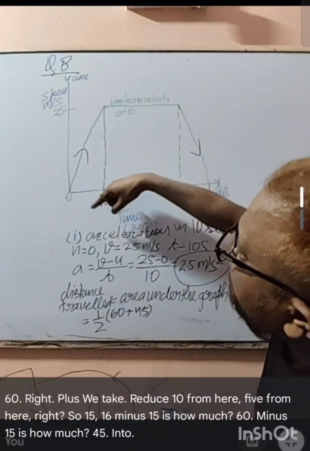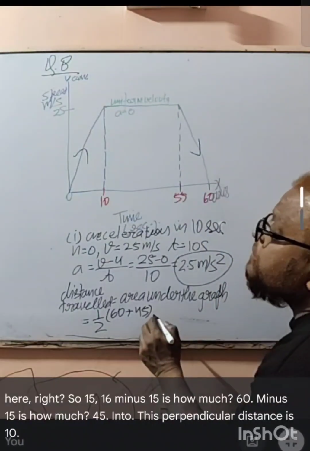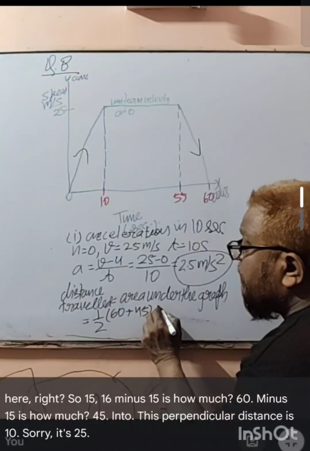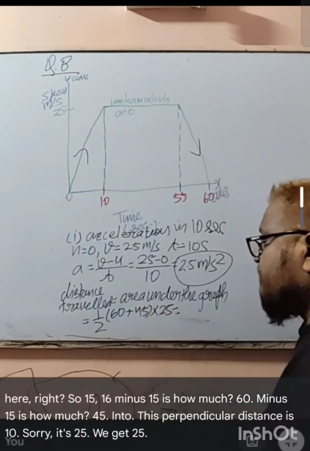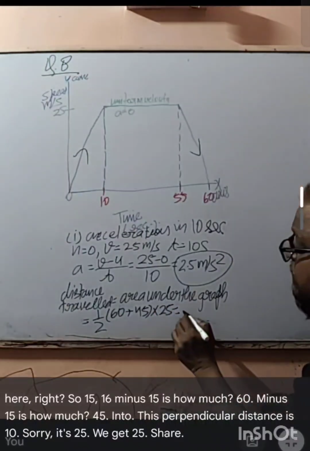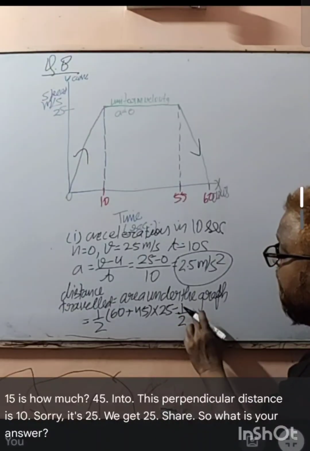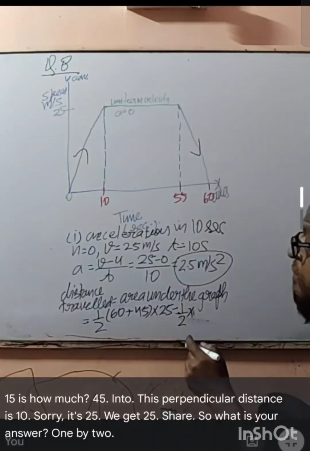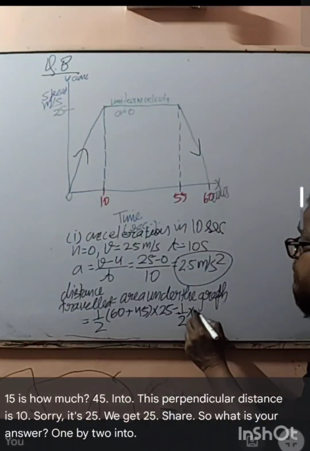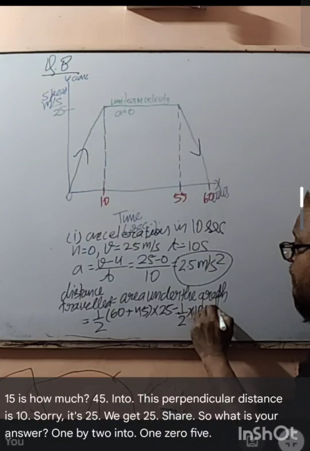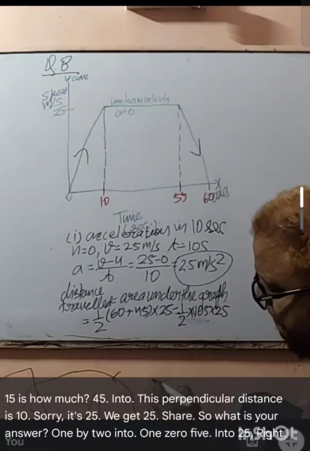Into this perpendicular distance, sorry, it's 25. Shreya, so what is your answer? 1 by 2 into 105 into 25, right?